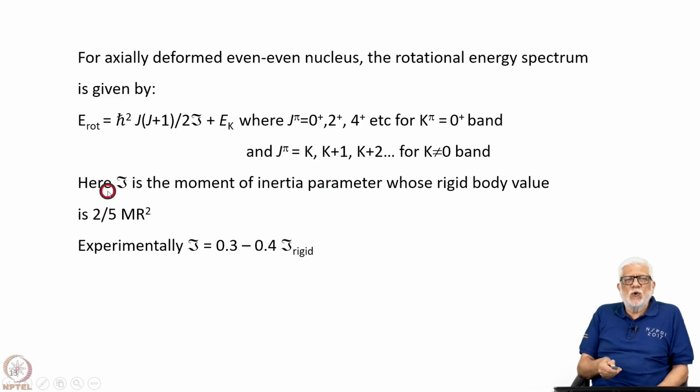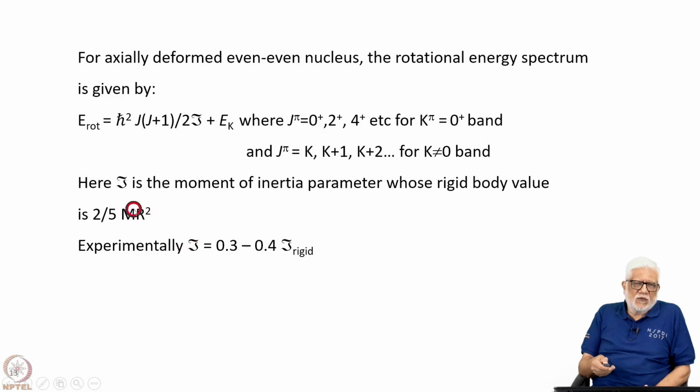The rigid body value we can compute just by doing an integral, and it turns out to be 2/5 M R squared, where M is the mass of the nucleus and R is the radius of the nucleus for a sharp cutoff.